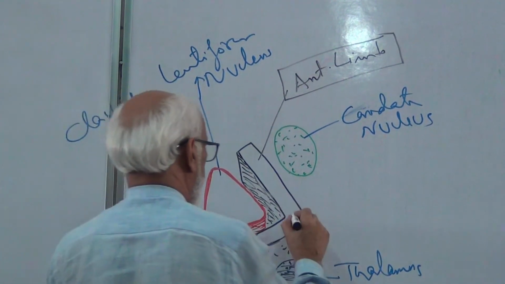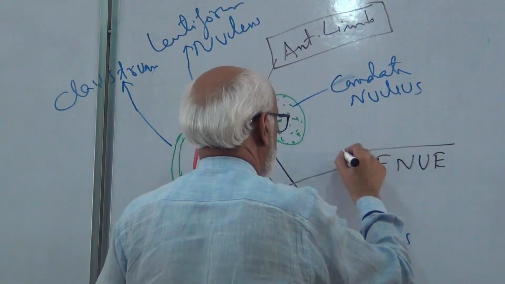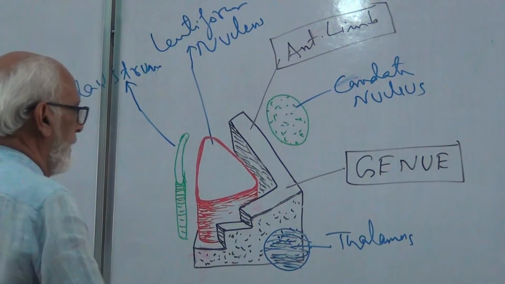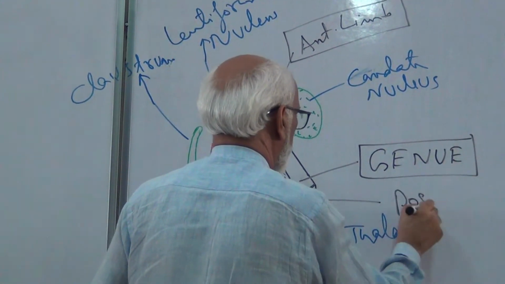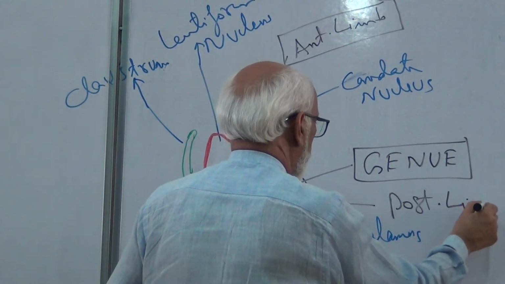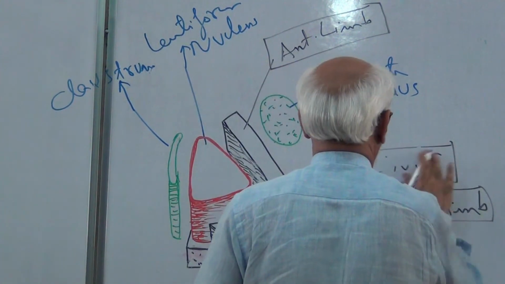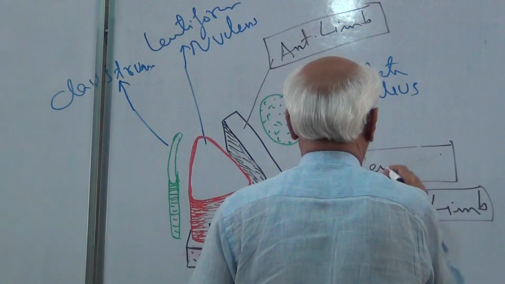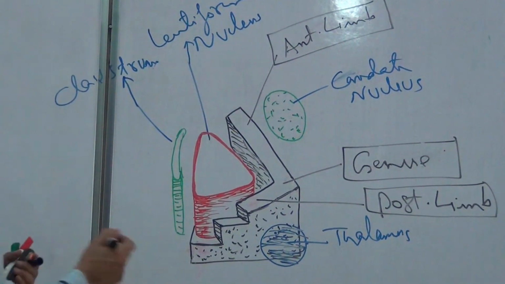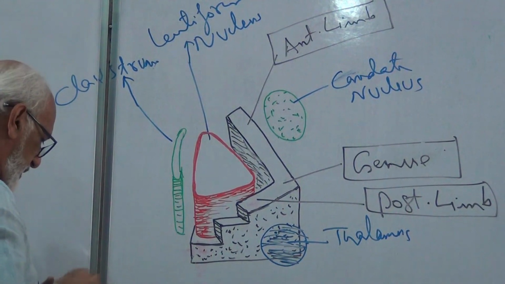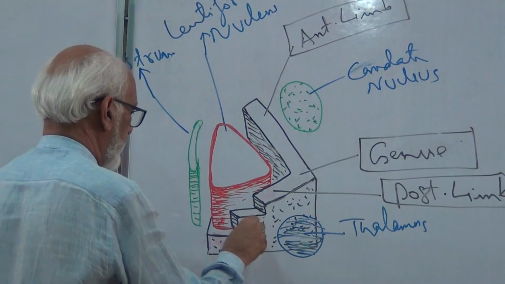And here is the genu of the internal capsule. Then behind the genu, this is posterior limb of the internal capsule. And this portion, one can see, is posterior to the lentiform nucleus.